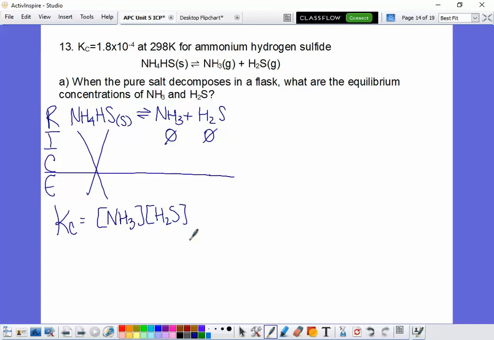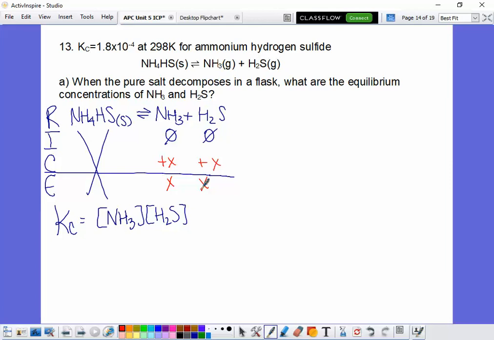Okay. So since I have none of my products initially, which way will this reaction proceed to reach equilibrium? To the right. So both of these are going to be my plus x. And this is going to be x, and this is going to be x. It just goes towards the right.